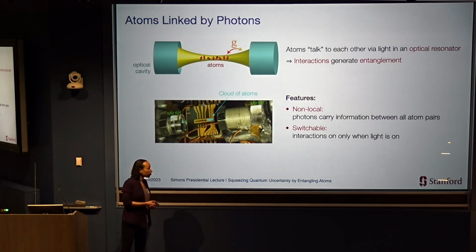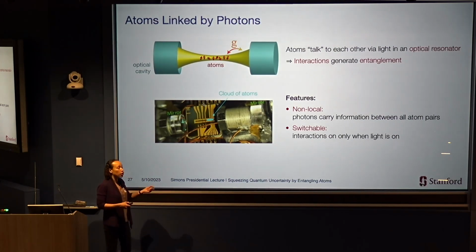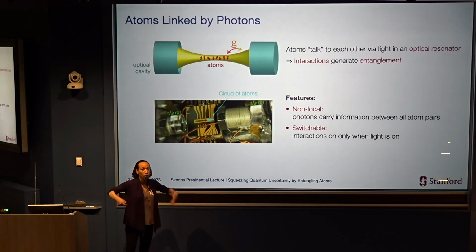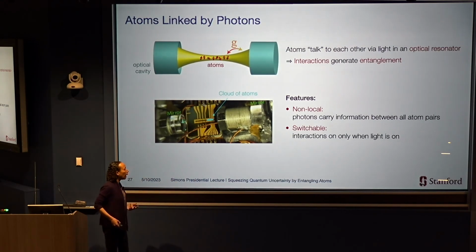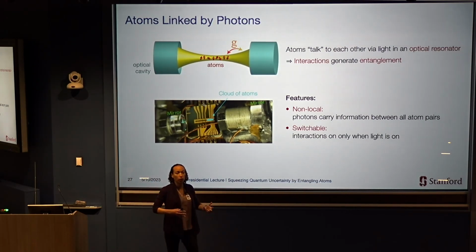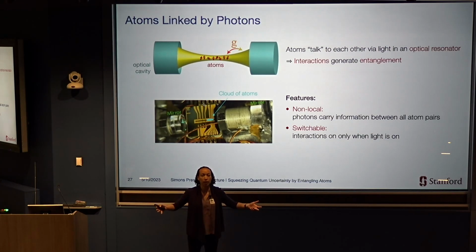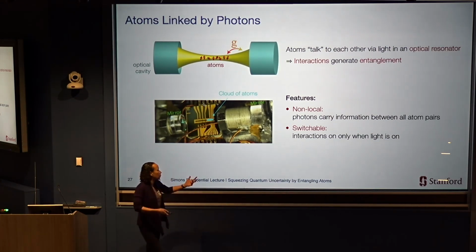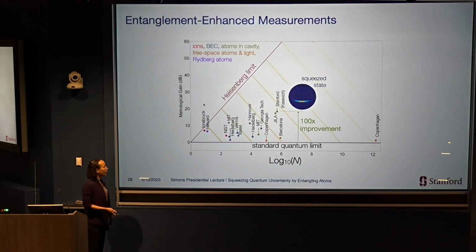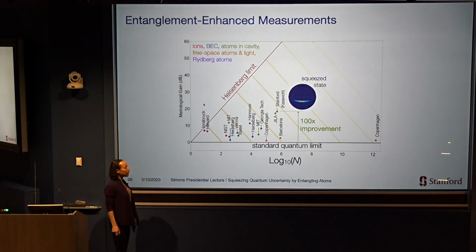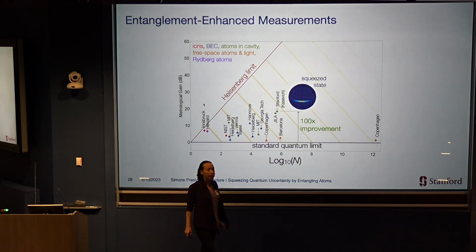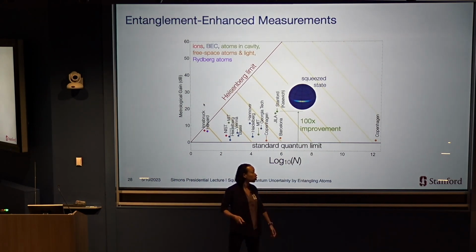This has the feature that the interactions are non-local, which is great for generating non-local correlations and entanglement. And they can also be switched on and off. So the interactions are only there when the light is on. That's good for precision measurements because we don't want interactions between the atoms, for example, perturbing our clock. OK, and so in that setting, it's been possible to make these states with squeezed quantum fluctuations.